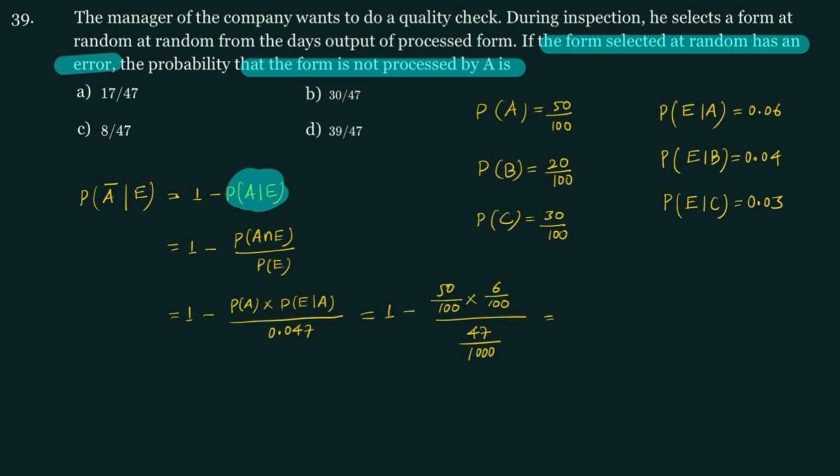So it will be equal to 1 minus, let me cancel 1 zero here, so it will be 5 6s are 30 by 1000 by 47 by 1000. 1000 get cancelled, so it will be 1 minus 30 by 47, and this will be equal to 47 minus 30 by 47, that will be equal to 17 by 47. That means my correct option is option number A.